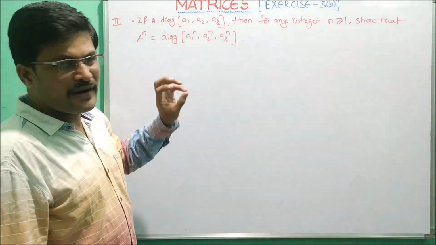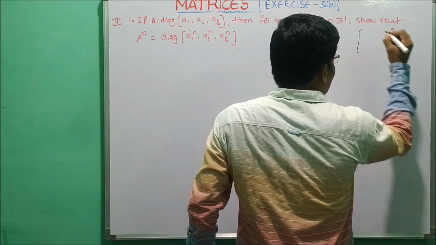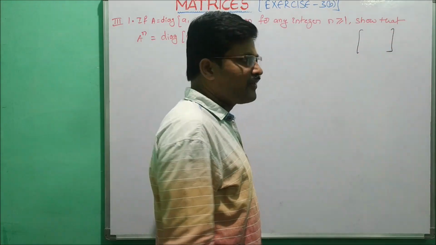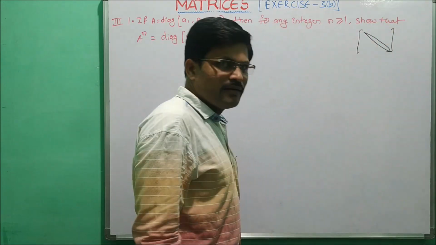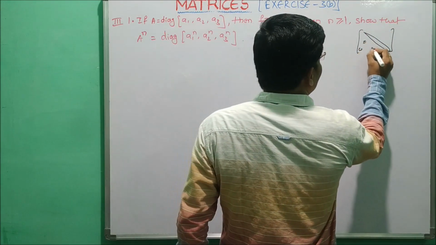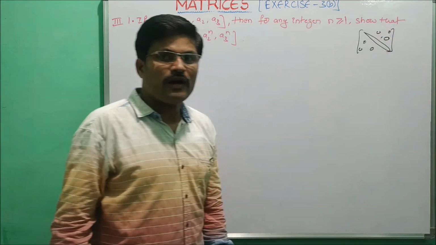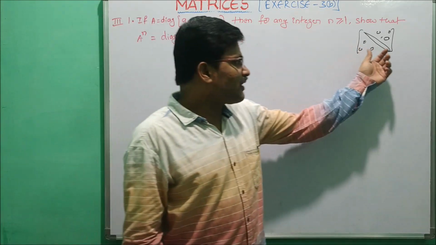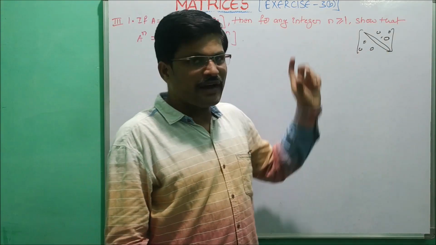Now a diagonal matrix means we take one square matrix in which, except the principal diagonal, the remaining elements are all zeros. Then that square matrix is called a diagonal matrix. So this is the definition of a diagonal matrix.